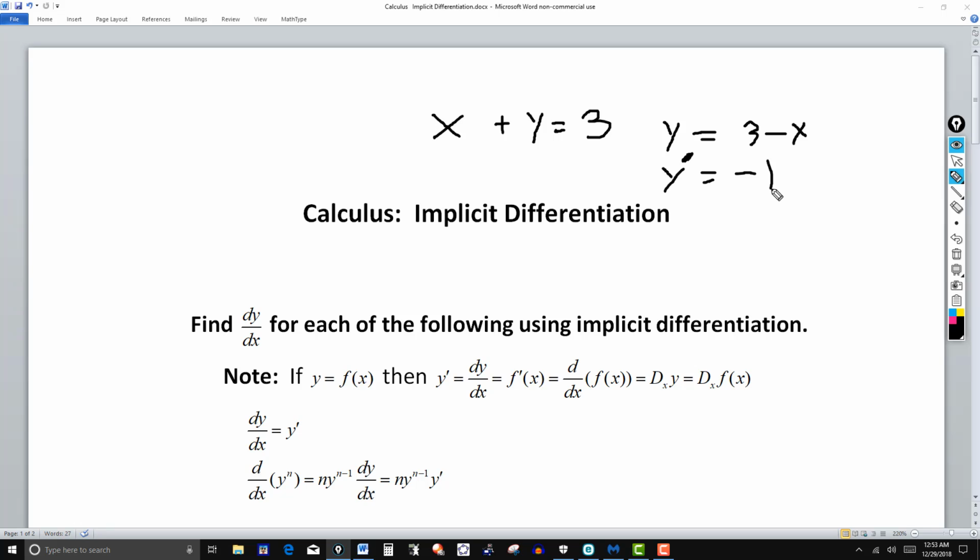Now, you won't always be able to do that. Sometimes you're going to come up with a problem where you cannot solve it for y, so you have to do it implicitly. If you're going to do it implicitly, here are the things to note.